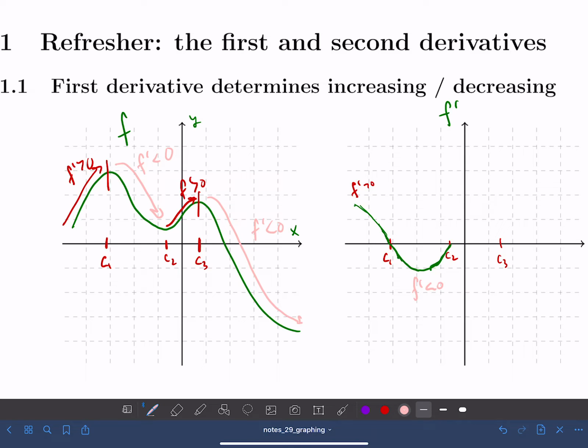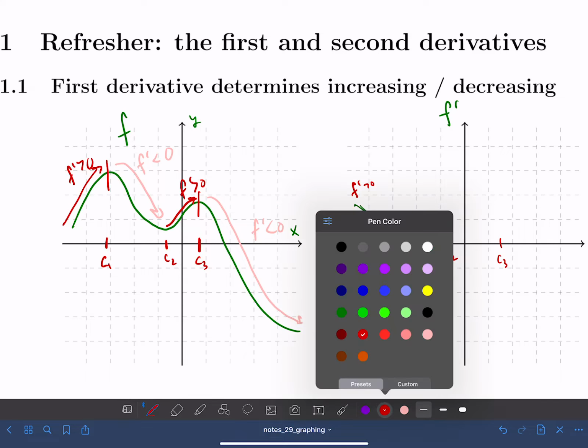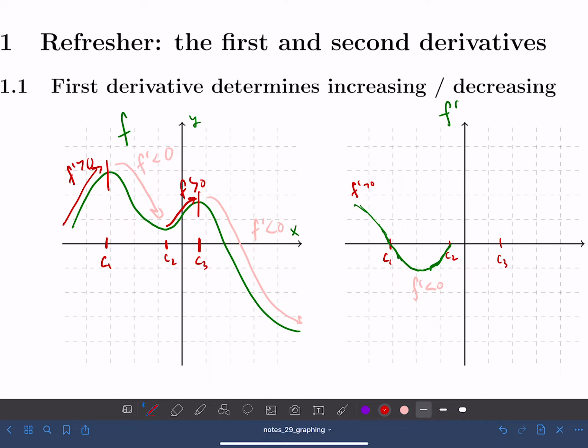And then over the next segment, from C2 to C3, I think my placement of C3 could be a bit better. I think that's not great. I was kind of in the wrong box. I apologize for that. So in this next one, f is increasing, and so the derivative is going to be positive.